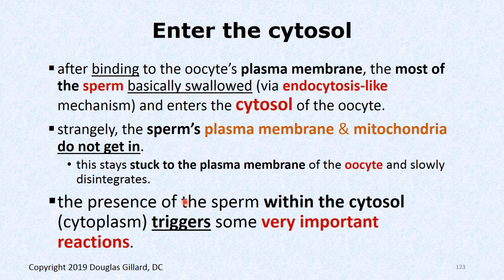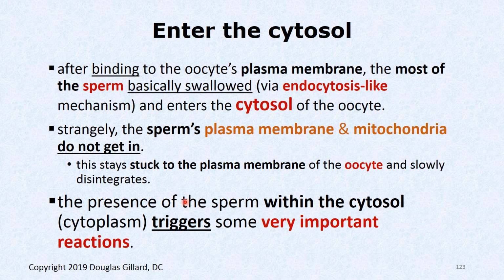And same with the mitochondria. They're kind of left as a skeleton on the outside. I'll show you a picture of this in a second. So that's very strange. But nevertheless, the plasma membraneless sperm head and tail, and the tail still works even without its plasma membrane. It's able to swim inside the cell of the oocyte in the cytosol.